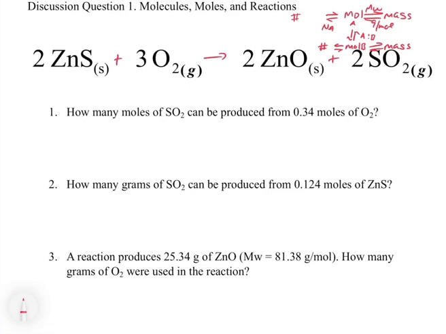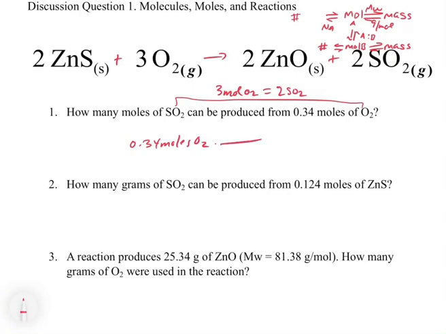Okay, so for the first one, it says how many moles of SO2 could be produced from 0.34 moles of O2. So we start with 0.34 moles of O2. The reason I'm doing this problem is that it allows us to reintroduce the mole-to-mole ratio. If we wanted to write a unit conversion for O2 to SO2, we know that for every 3 moles of O2, we would produce 2 moles of SO2 as a product.